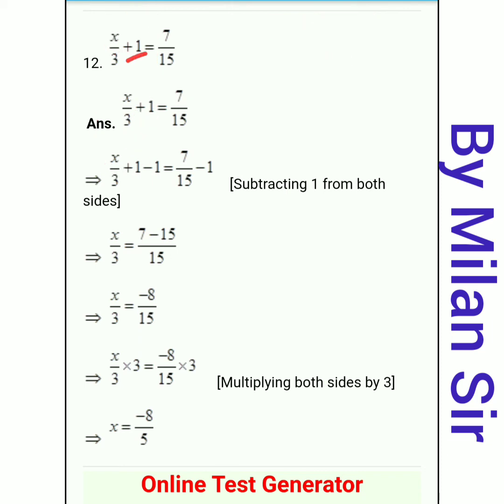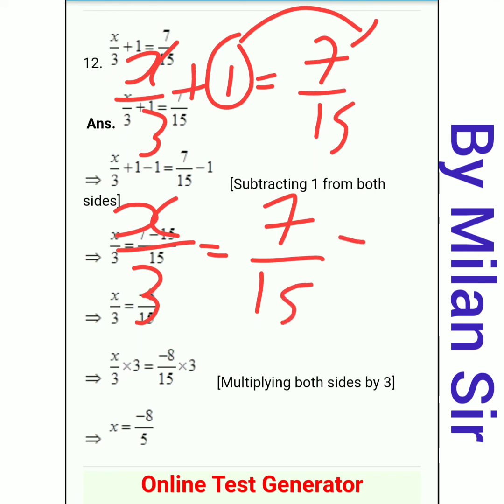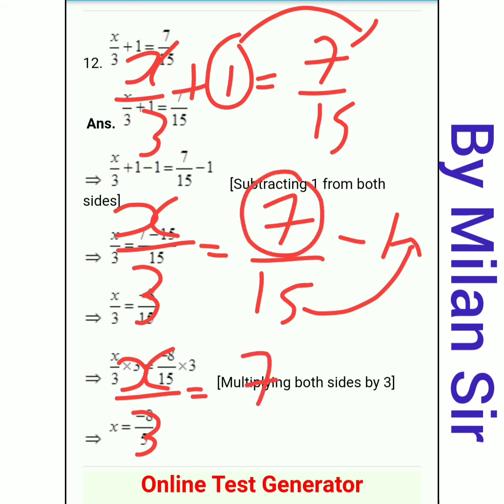Okay, let's try it. So first of all, transfer our constant term, that means the numerical term, to the right hand side. So x by 3 is equal to, here we have 7 upon 15. If we transfer this plus 1 to the right hand side, it becomes minus 1. Now take the LCM here. So 7 as it is, because it already has the denominator 15.